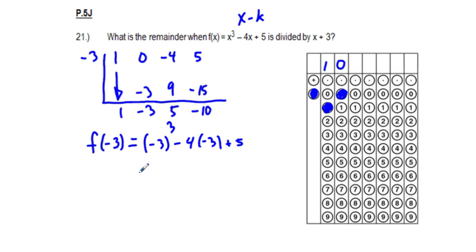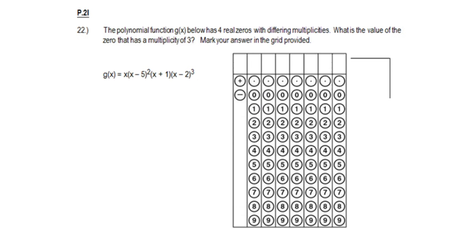So we're going to get -27, and -4 times -3 is going to be plus 12, plus 5. So we're going to get -27 plus 17, which equals again -10. Confirmation.